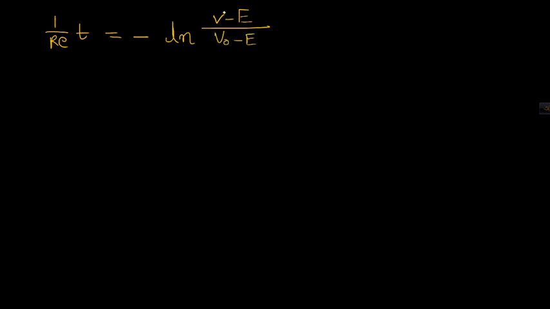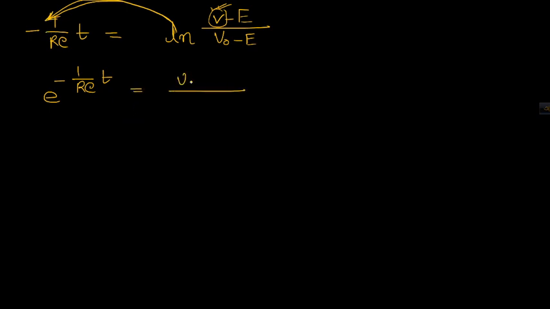Now we want to obtain V, so let's find V. If we take the minus on the left hand side, then we get e to the power minus t by RC, as we get the exponential because the ln is moved to the left hand side.